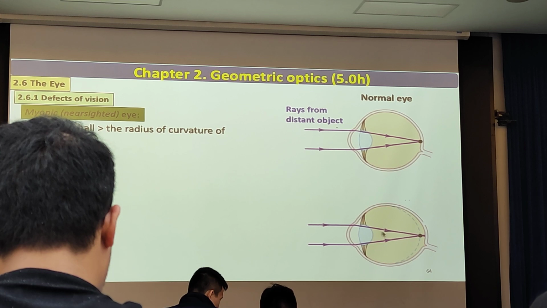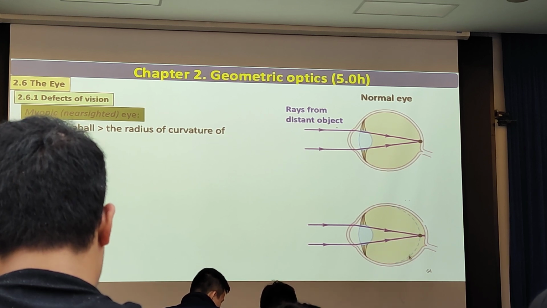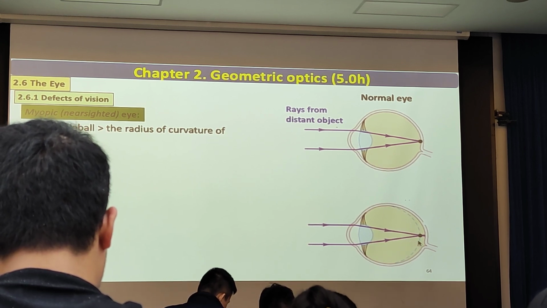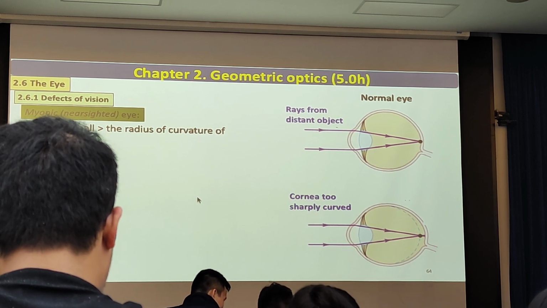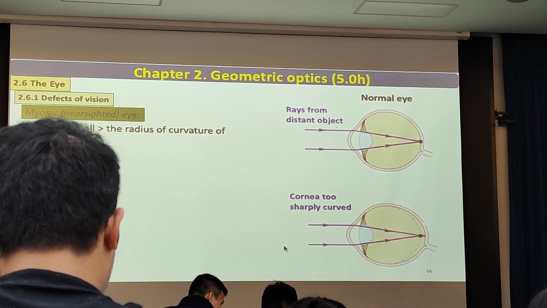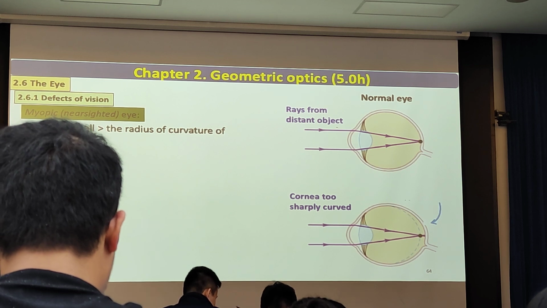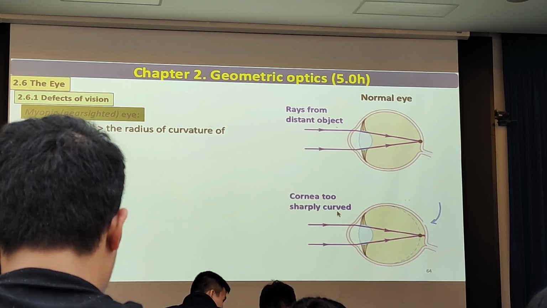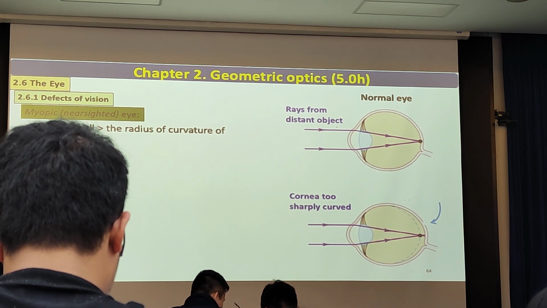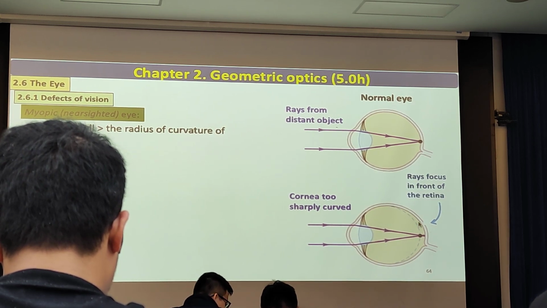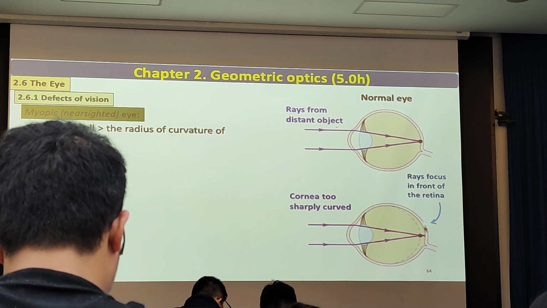In the case the eyeball is larger than the radius of curvature of the cornea, you cannot observe some very far away object. If the cornea is too sharply curved, the rays focus here in front of the retina.